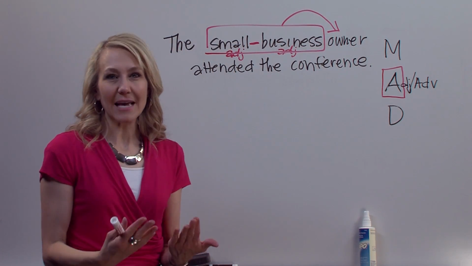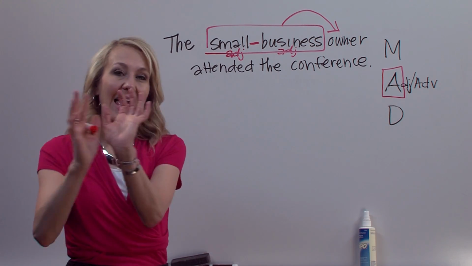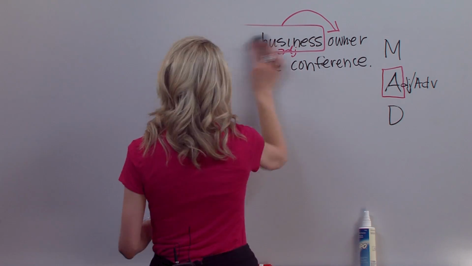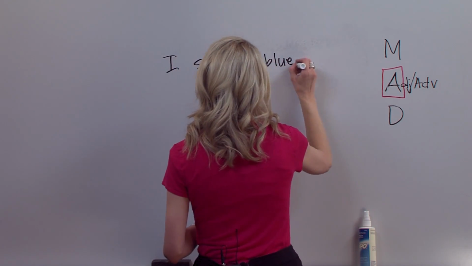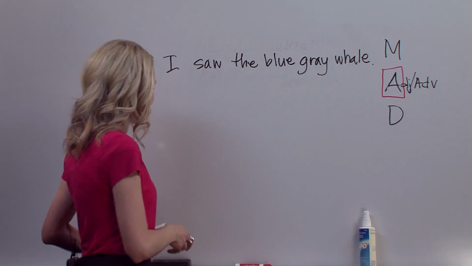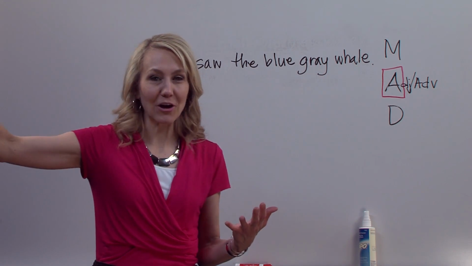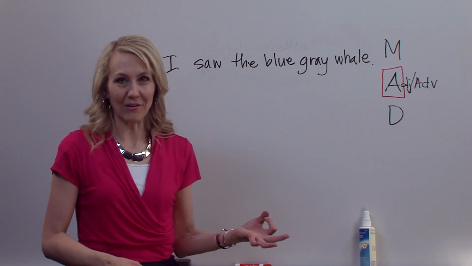Let me give you another example to help illustrate why clarity around adjectives and hyphen use is very important to meaning. So, I'm on a business trip out on the Oregon coast, and I see a blue-gray whale.